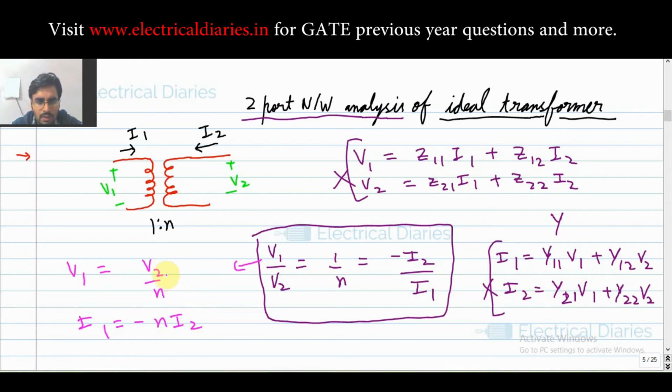V1 does not have any dependence on the current. So I could take here 0 I1. From here I get the idea that I could easily write the G and H parameters for this ideal transformer. So let us write down those.